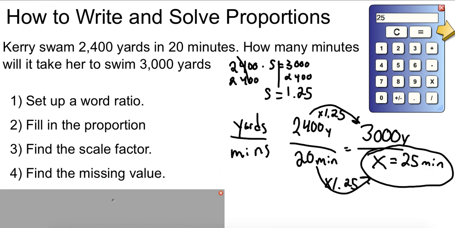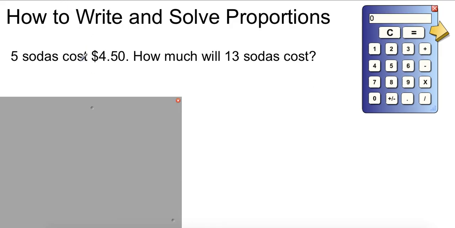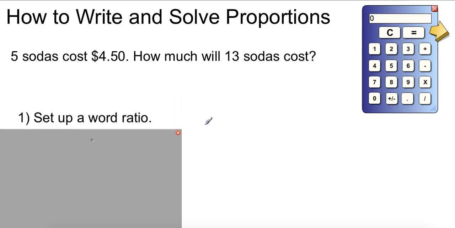In our next example, we have that 5 sodas cost us $4.50, and we want to know the cost of 13 sodas. So what we're going to do is we're going to write another word ratio. That's our step 1. So we're going to compare the number of sodas to the amount of money that we're spending.